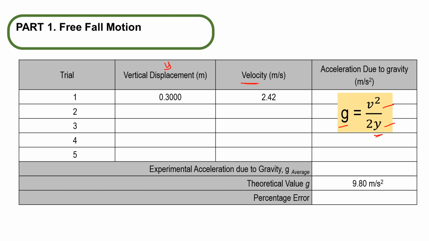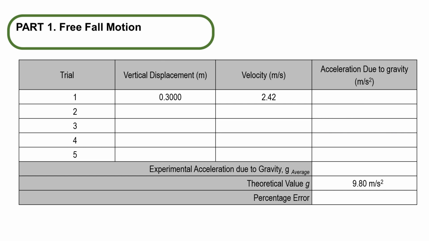After getting all the acceleration due to gravity for trial 1, trial 2, trial 3, 4, and 5, we need to get the average. So to compute for the average experimental acceleration due to gravity, we just have to add the 5 values and then divide it by 5, and we can get the experimental acceleration due to gravity, and that is the average value.